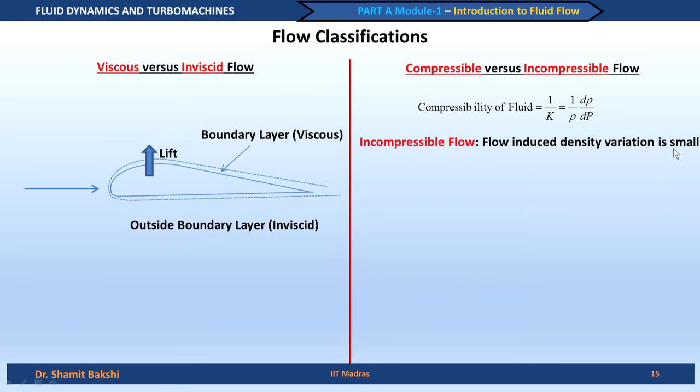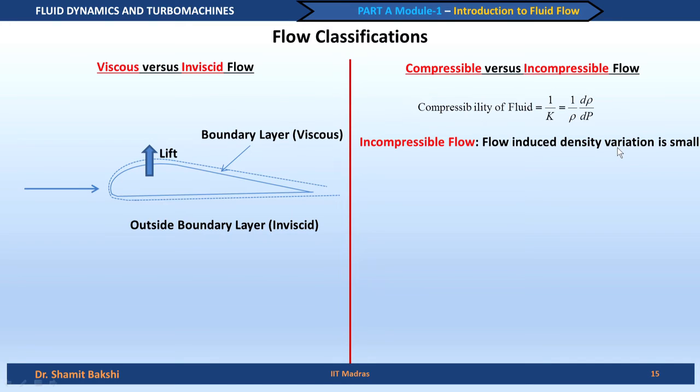So, there is density variation in the flow. Let us say the flow is that of air, a highly compressible fluid, but even the flow of that fluid could be incompressible if the flow induced density variation is small. Now, what do we mean by flow induced density variation?